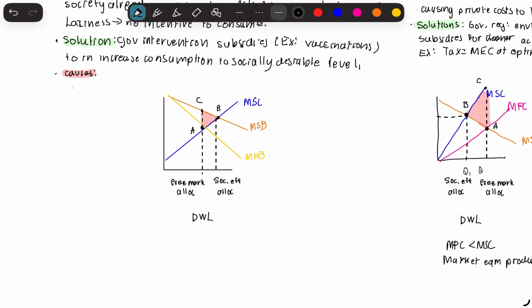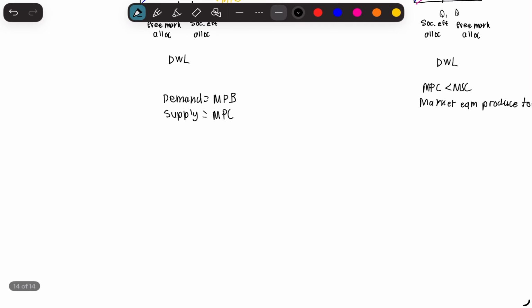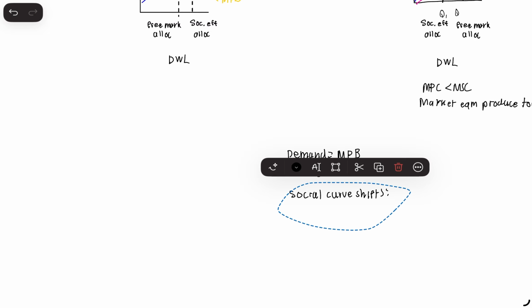And for positive, your fix is a subsidy. At your optimal quantity, that's equal for both of them, and then you're going to have social curve shifts.